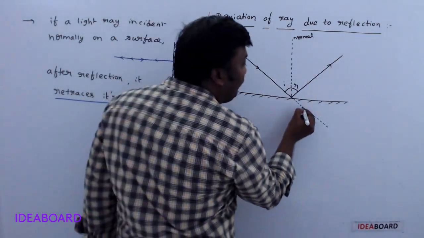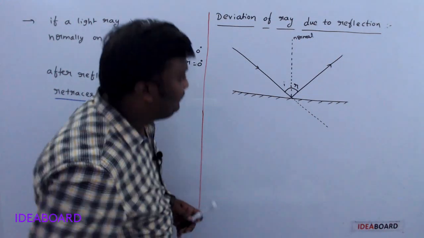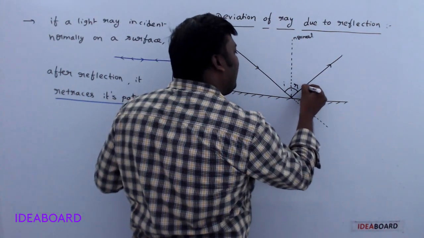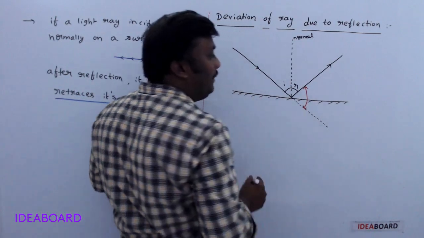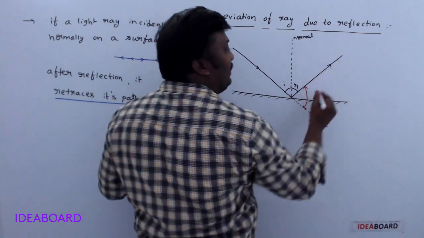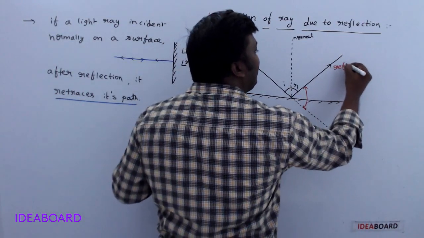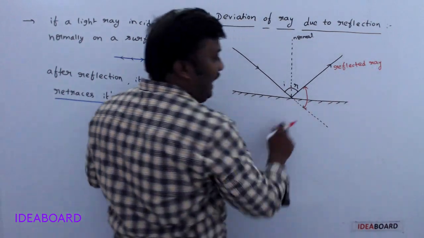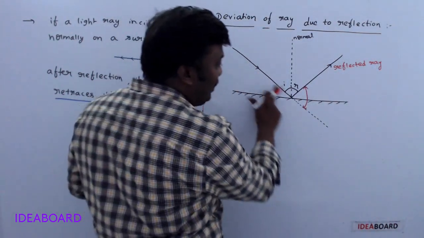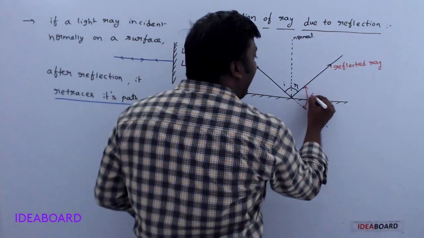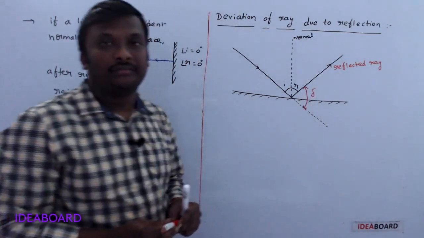So angle of deviation is nothing but the angle made by the direction of the incident ray with the reflected ray. This is the reflected ray. The angle between the direction of incidence and the reflected ray is called the angle of deviation.